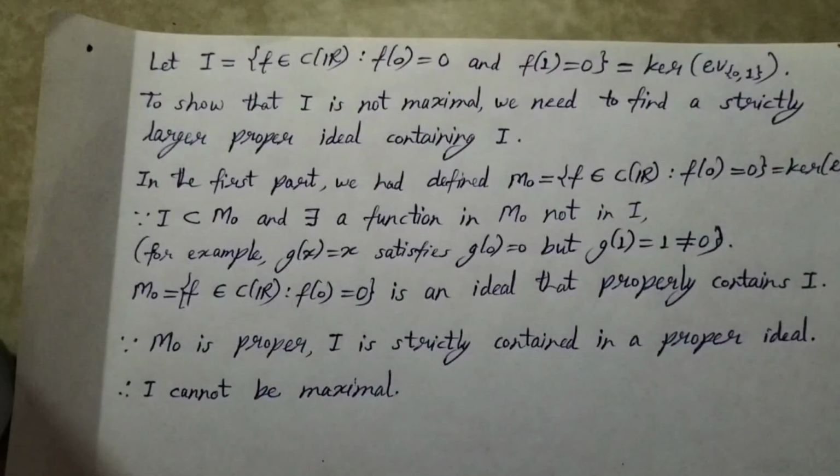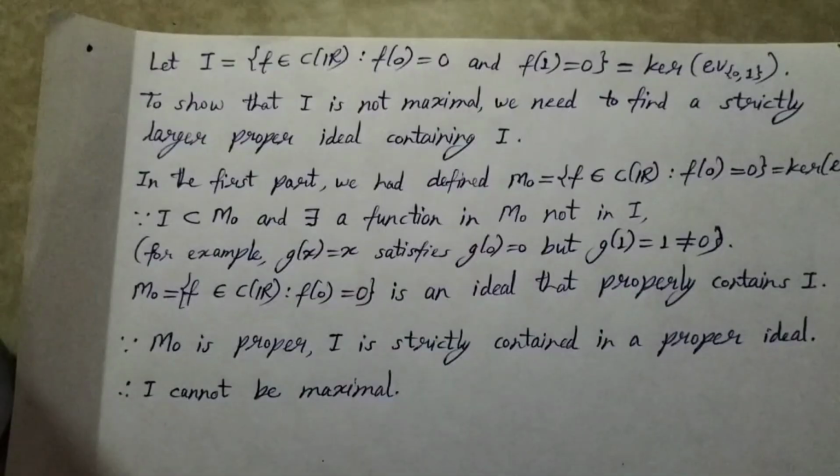But is this containment strict? The answer is yes. Because for example, if we take g(x) = x, then g(0) is equal to 0. So g belongs to M naught, but g(1) is equal to 1, which is not equal to 0.